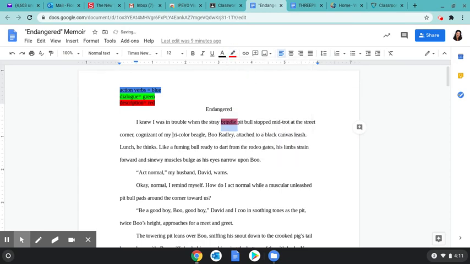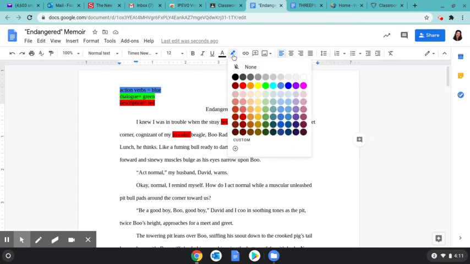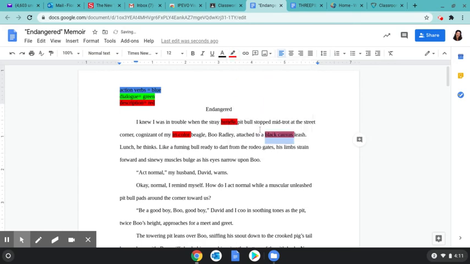I also saw tricolor. That means brown, black, and white for my beagle. It's still red. And the leash is black and it has that canvas material. And that canvas material should trigger your senses. You should be able to imagine the feel of that canvas leash.